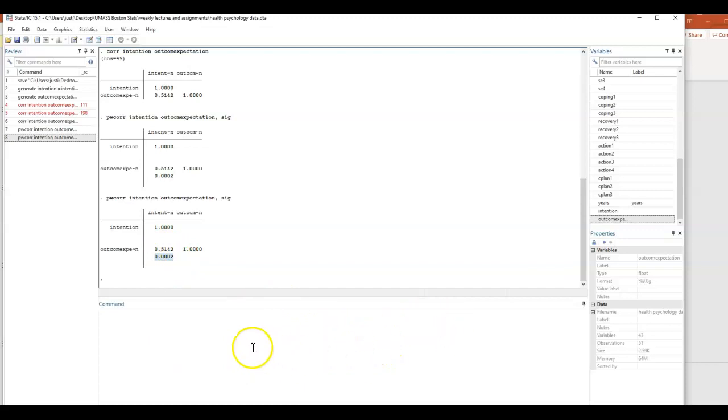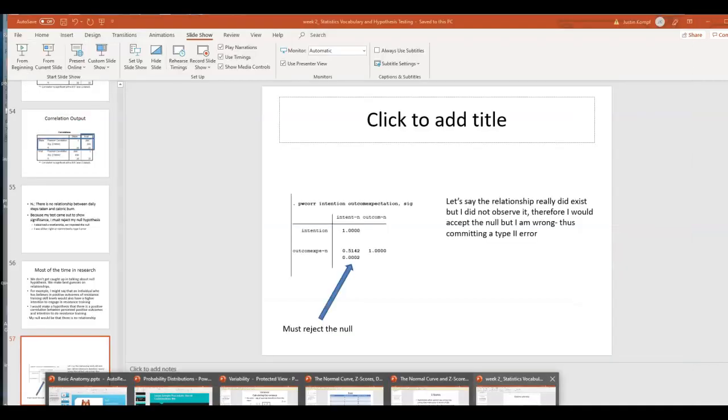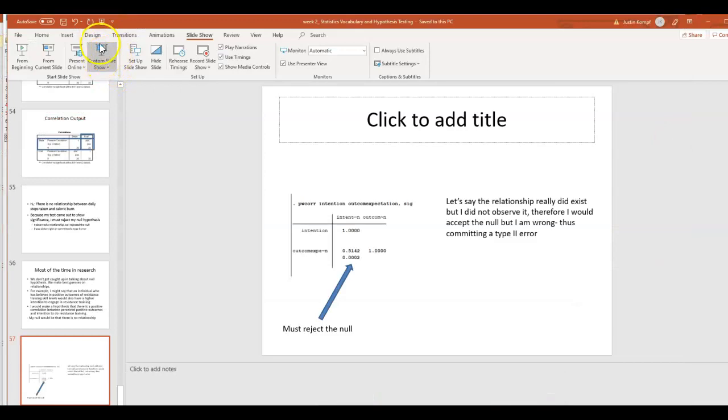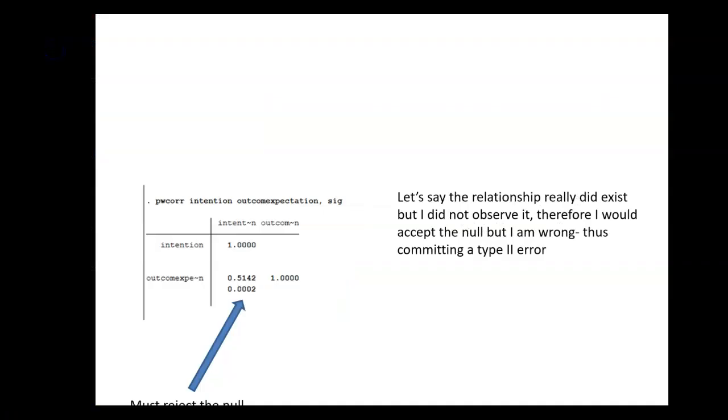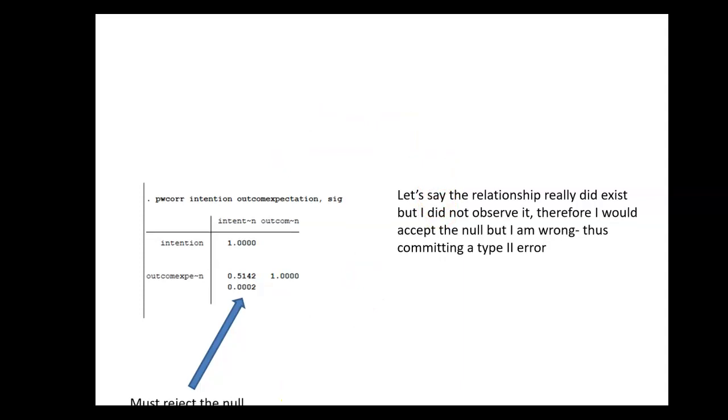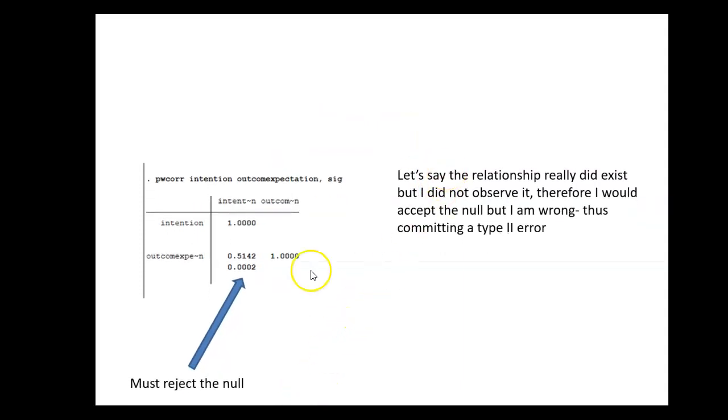So because of this, we would say that there is a significant relationship between intention to do resistance training and outcome expectation. So we're saying that the relationship really did exist, which is great for a research hypothesis. Therefore, we need to reject the null.